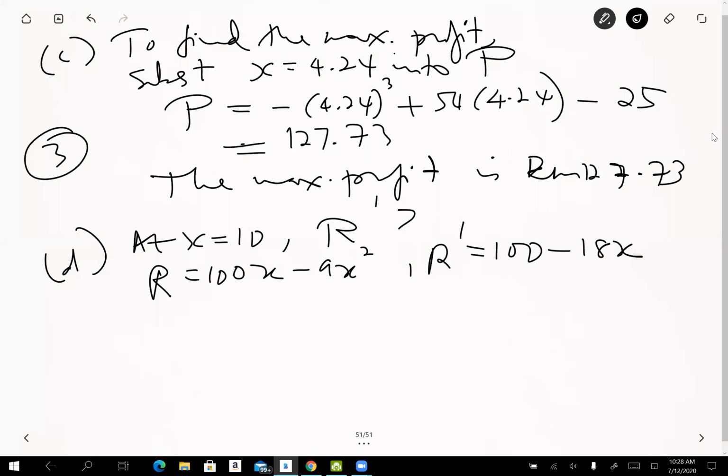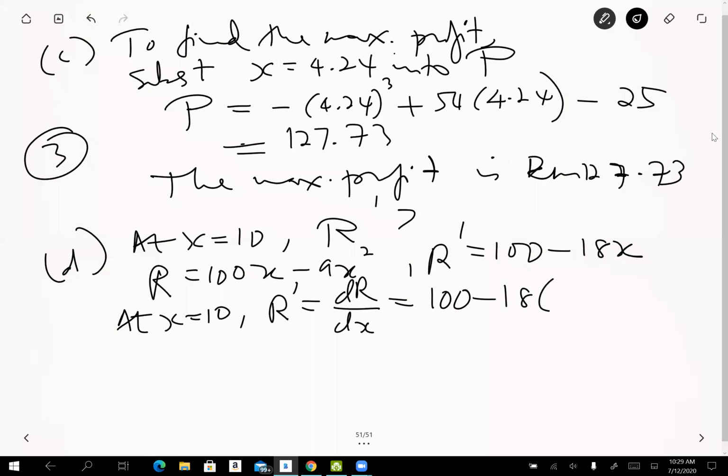At x equal to 10, marginal revenue R prime is equal to dR/dx, equal to 100 minus 18 multiplied by 10. Multiplied by 10, you get 180, so it's negative.